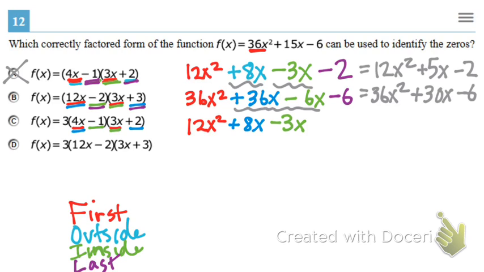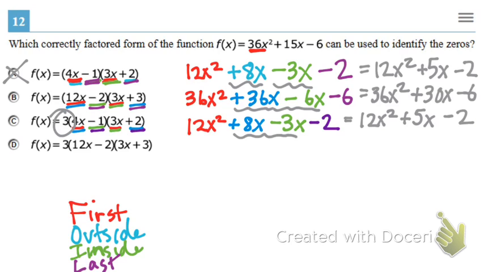And then my last ones, so negative 1 and positive 2 is negative 2. So now let's combine those. We have 12x squared, and then 8x minus 3x is 5x, positive 5x, and then we have our minus 2.